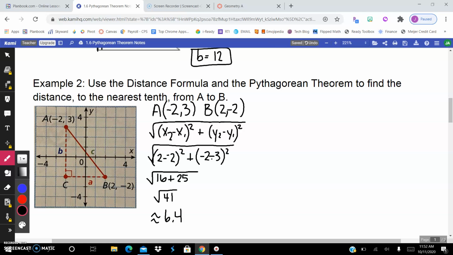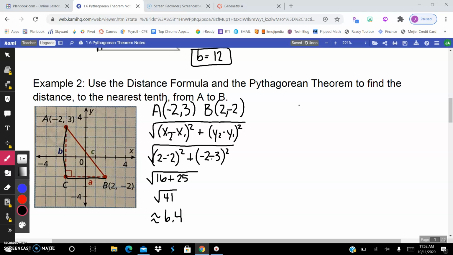Now they're asking us to use the Pythagorean theorem to do the same thing, to figure out what that length from A to B is. If you have a picture, you can actually construct a right triangle using that line given. If you look at that, that forms a right triangle, and we are actually trying to find the length of the hypotenuse.